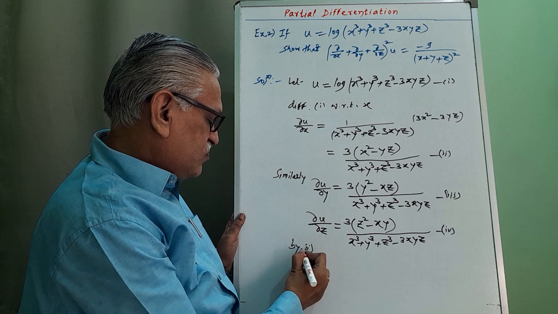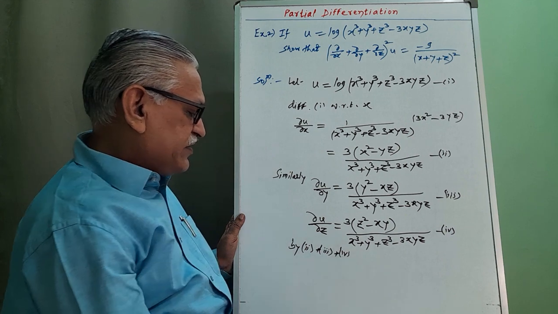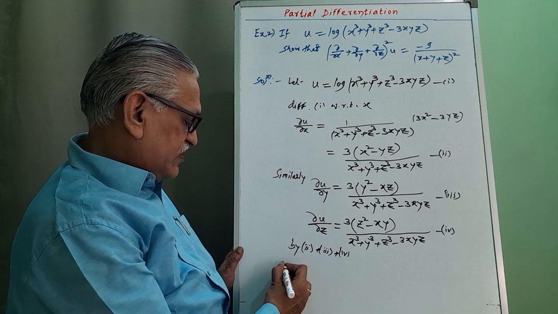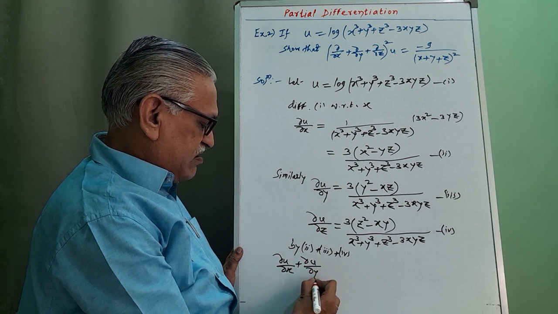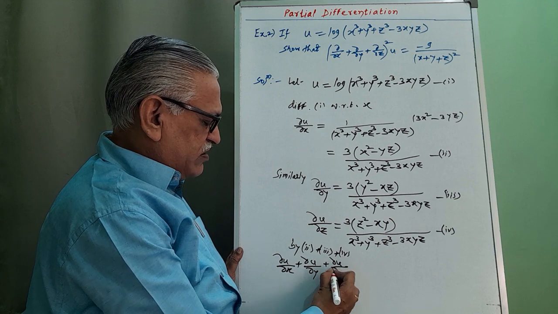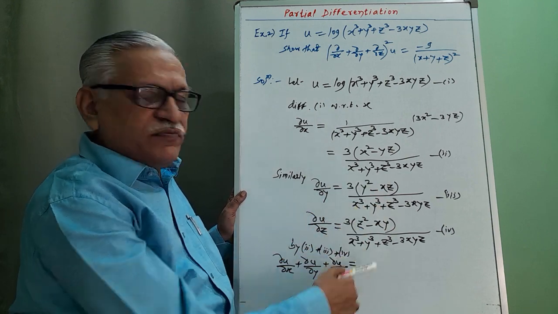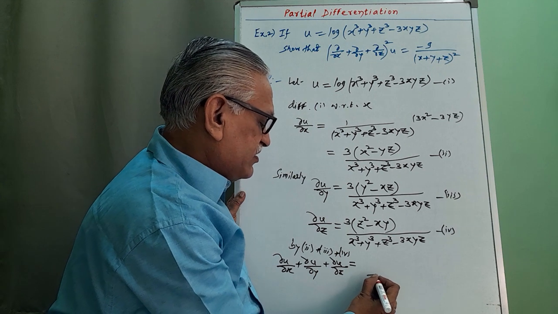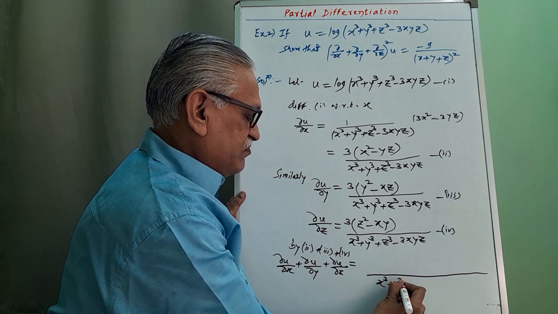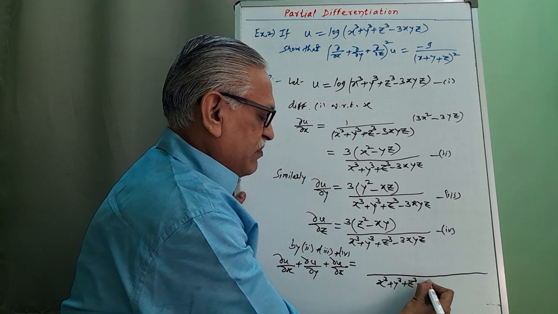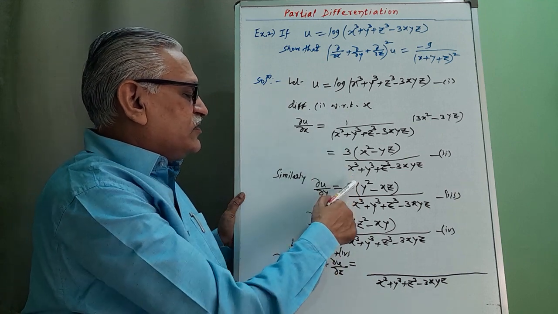Adding 2 plus 3 plus 4, we get ∂u/∂x plus ∂u/∂y plus ∂u/∂z is equal to, if you observe, the denominator is the same for all three terms, therefore taking that as the LCM, it is x cube plus y cube plus z cube minus 3xyz, and then the addition of the numerator terms 1, 2, 3.